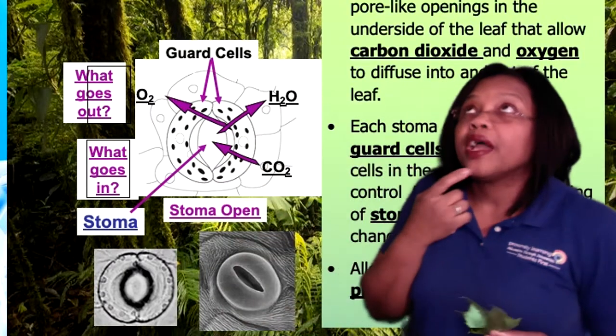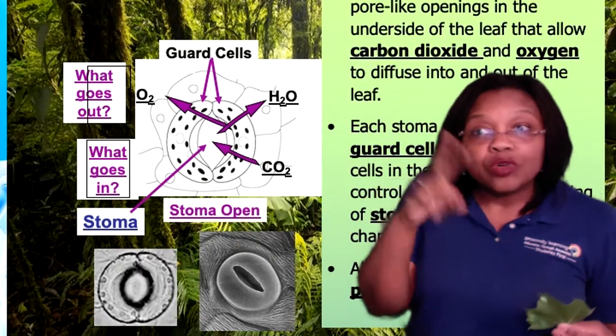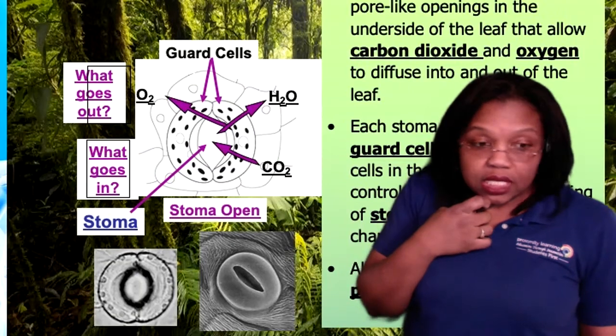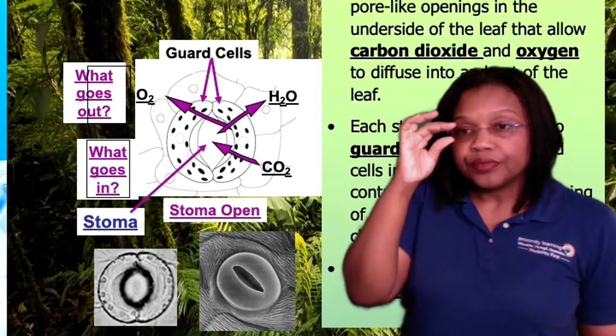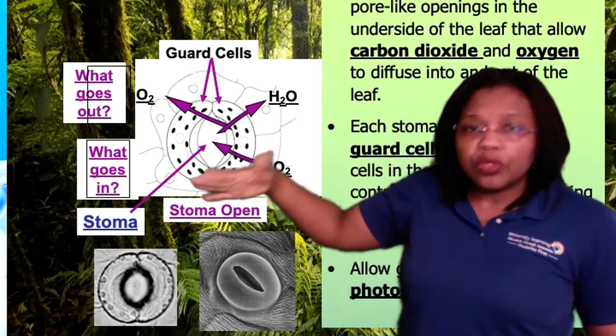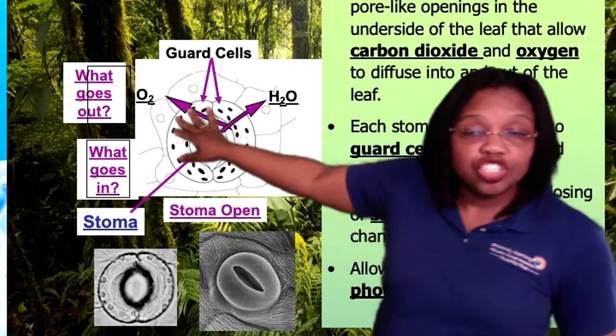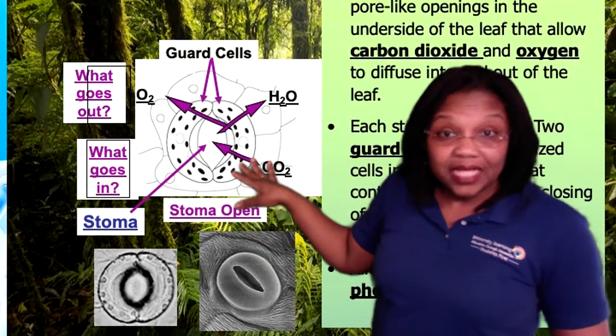Now we have to think back because we did this. Remember we did the cycles and we did the oxygen cycle, and we talked about how one of the ways that oxygen is cycled is through carbon dioxide and oxygen going in and out of the plants.